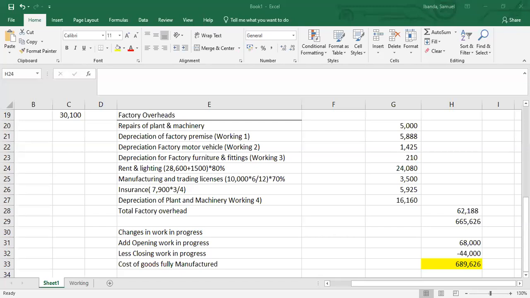Sometimes instead of transferring goods at cost, they want to compare it with, just in case we were getting these goods from a competitor or another manufacturer, how much would these goods cost us?